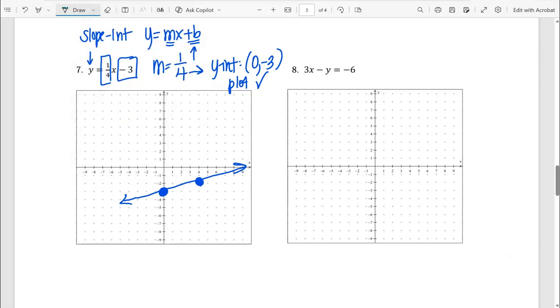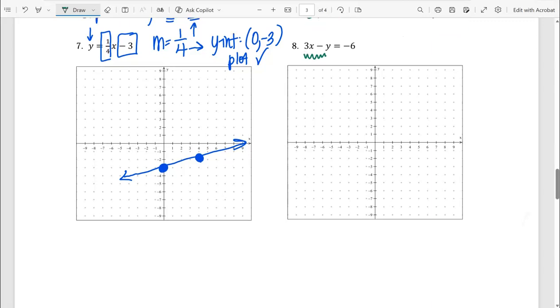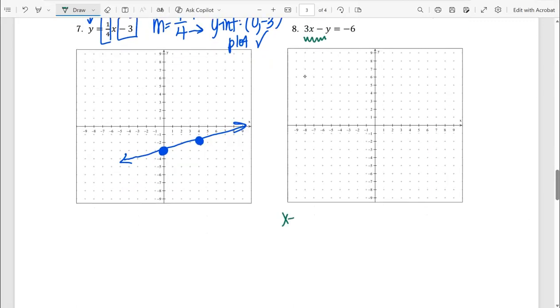If y is not by itself, then we use standard form. You're in standard form in this case. That is when I recommend using your x and y-intercept. For my x-intercept, that's when I set y equals 0 and I find x.